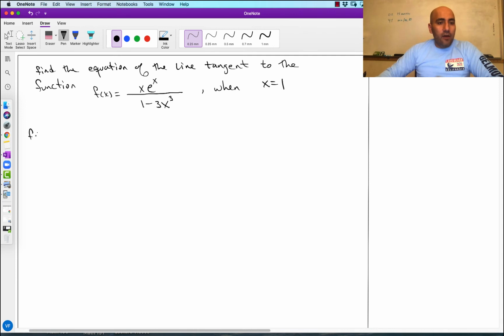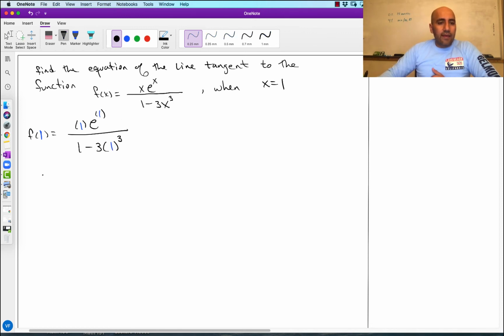So f of 1 is going to be equal to blank times e to the blank all over 1 minus 3 blank to the power of 3. Okay, so we're going to put a 1 for our input. So put a 1 there, put a 1 there, put a 1 there.